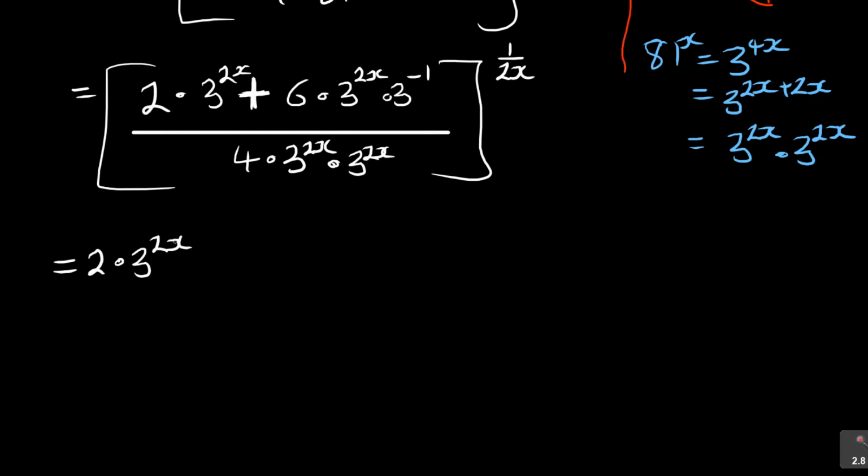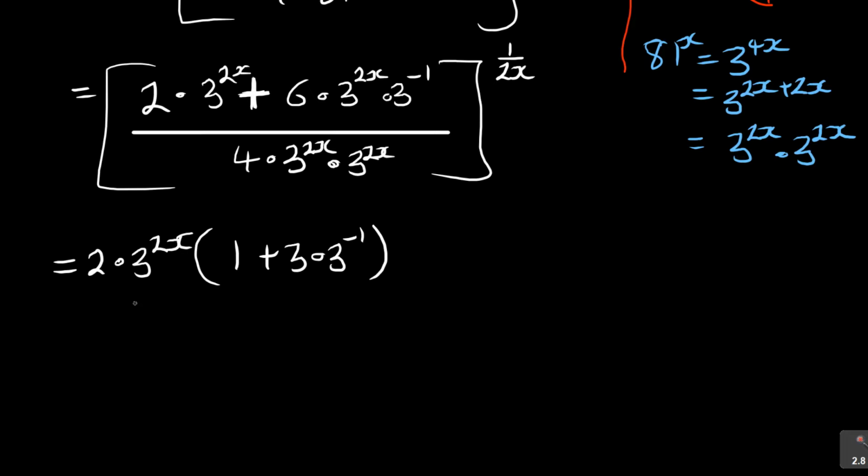Remember, when you're taking out, it's like you are cancelling, and you'll be left with 1 there. And then 2 into 6 is 3. That is what you're doing whenever you are dividing. Picture yourself cancelling. So 2 times 3 to the 2x into 2 times 3 to the 2x is 1, plus 2 into 6 is 3. So it's times 3 to the power negative 1 that we are left with.